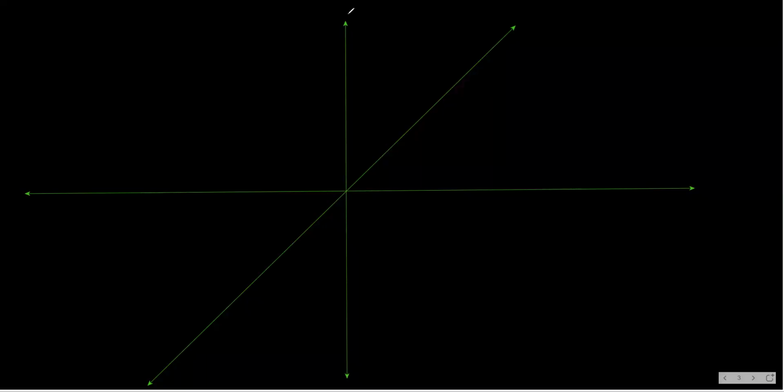So here we have z-axis, y-axis. I'm sorry, this is not x-axis, this is y-axis. The x-axis is the one which comes towards us. And this is x dash. I have a point in space which is P (x, y, z).